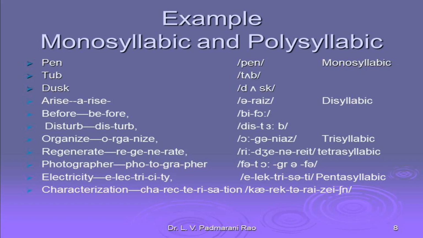How many are there? 4 are there. So tetrasyllabic. Electricity. 5 are there. So pentasyllabic. Characterization. How many are there? 6 are there. So quite a big word it is.